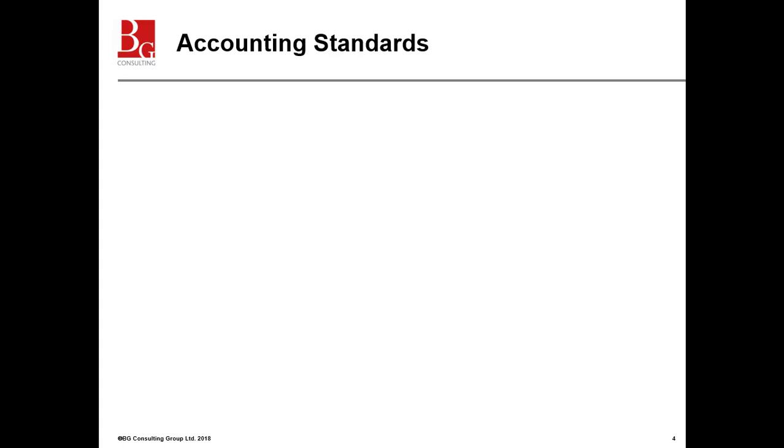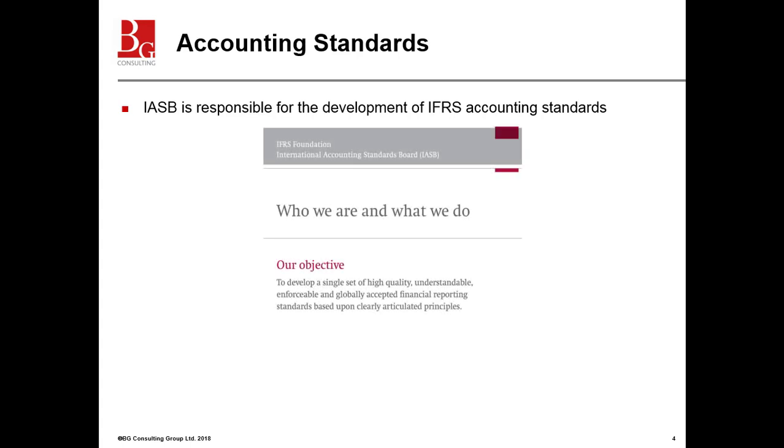The preparation of financial statements is governed by accounting standards. And in Europe, the IASB, or International Accounting Standards Board, is responsible for the development of the IFRS accounting standards. IFRS stands for International Financial Reporting Standards.